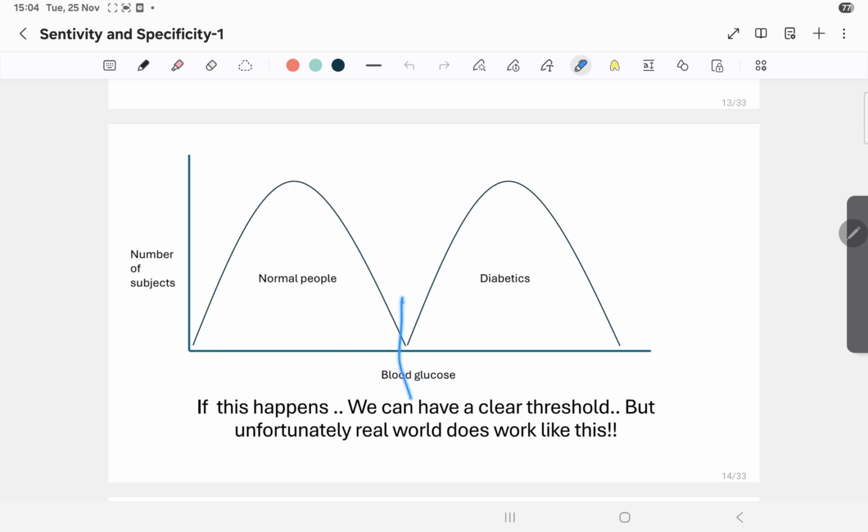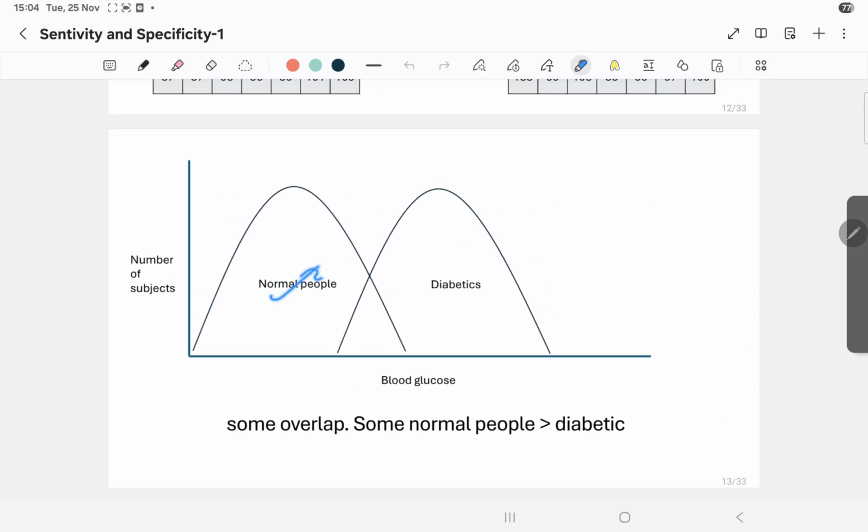I am talking about the threshold of the test. Suppose you say that this is 70 milligram per deciliter, then we would have taken this threshold and life would be easy. But this never happens. The actual graph looks something like this, right?